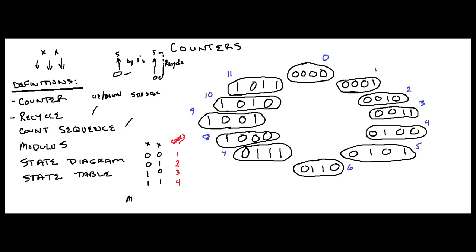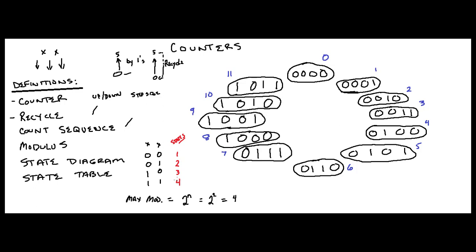Let's say max modulus, mod equals 2 to the n, where n is the number of bits. In this case n is equal to 2, so it's going to be 2 to the 2, which is equal to 4. So that's your maximum modulus.